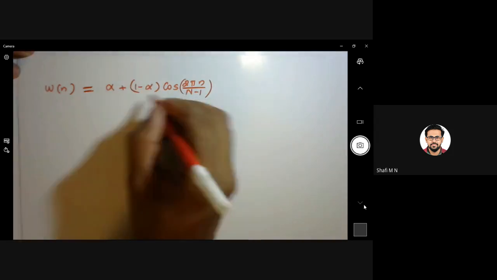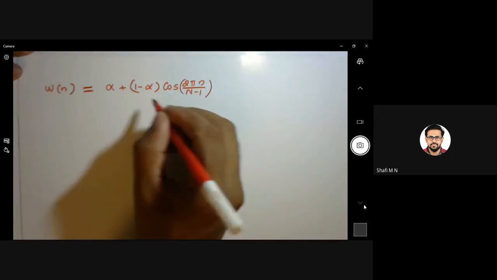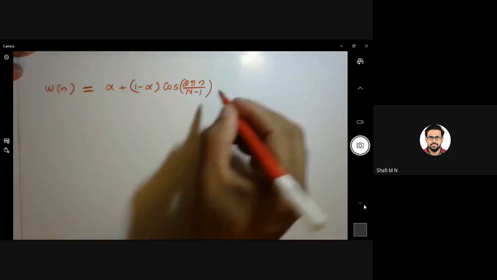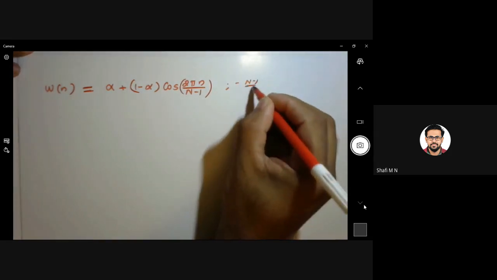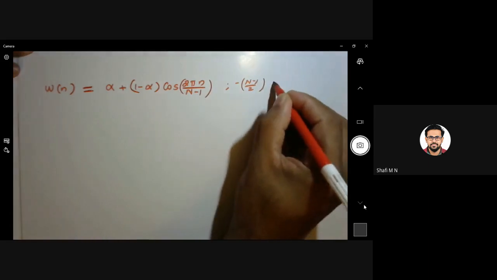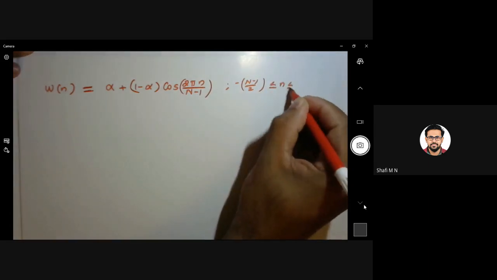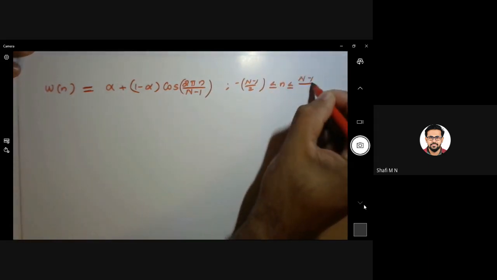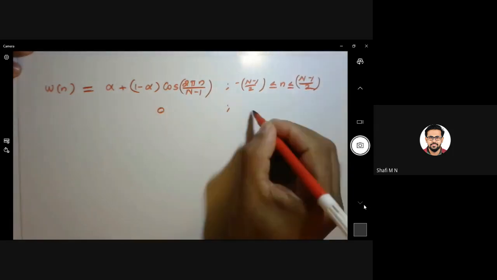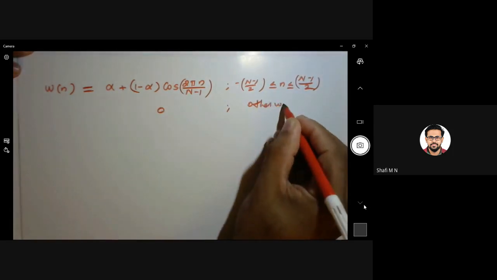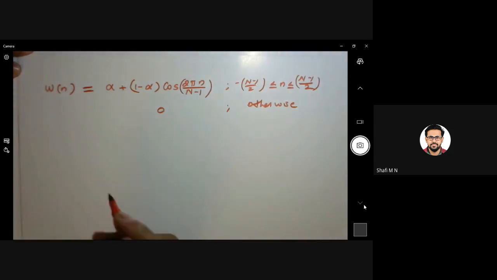This is the expression for W of n, your window, provided n varies from minus (N minus 1) by 2 to (N minus 1) by 2, and 0 otherwise. So this is what a window is.